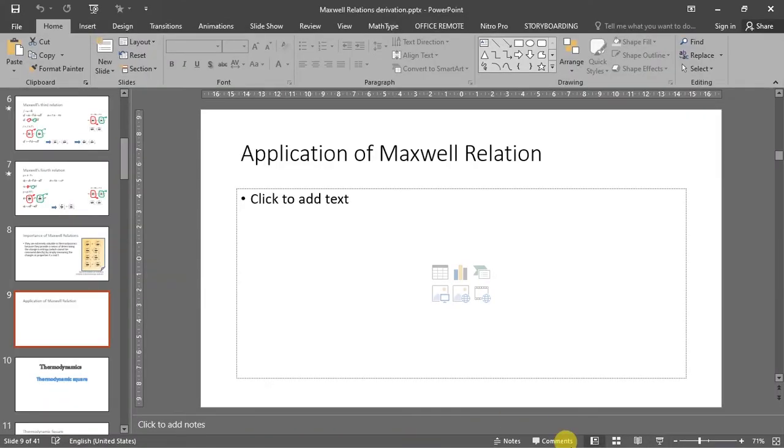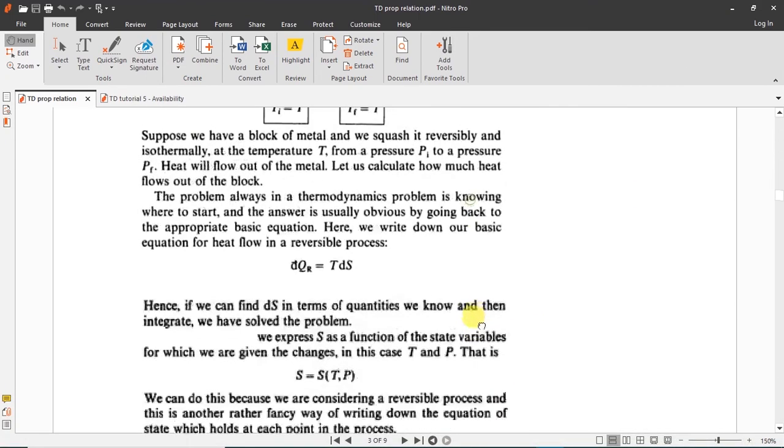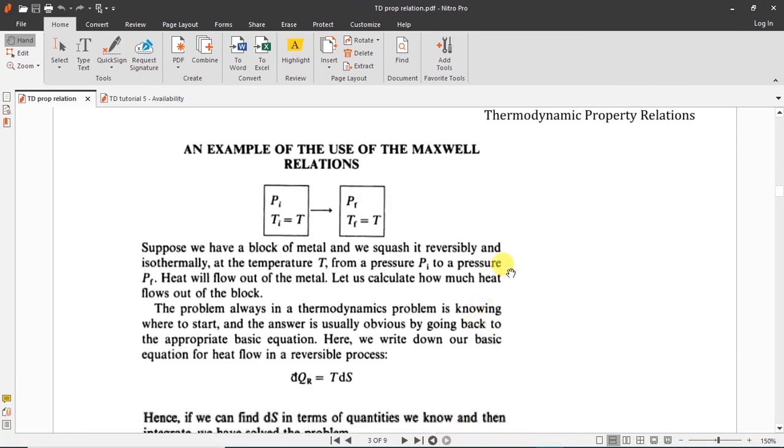Now moving on to application of Maxwell relation. So here an example is given, use of Maxwell relation. So a block is there, metallic block, whose initial pressure is Pi, temperature is Ti.